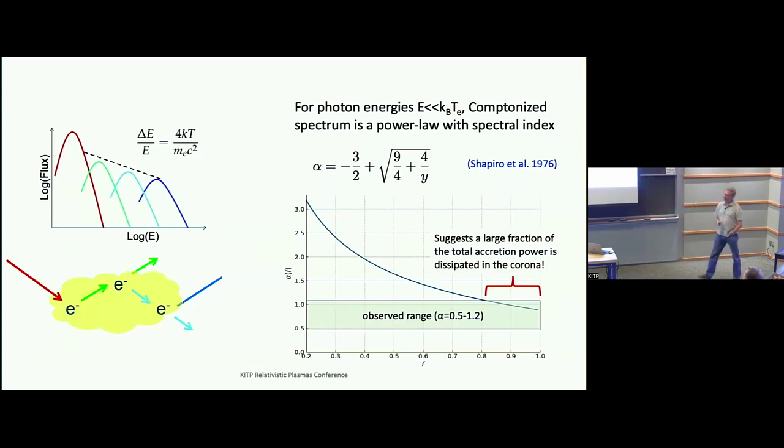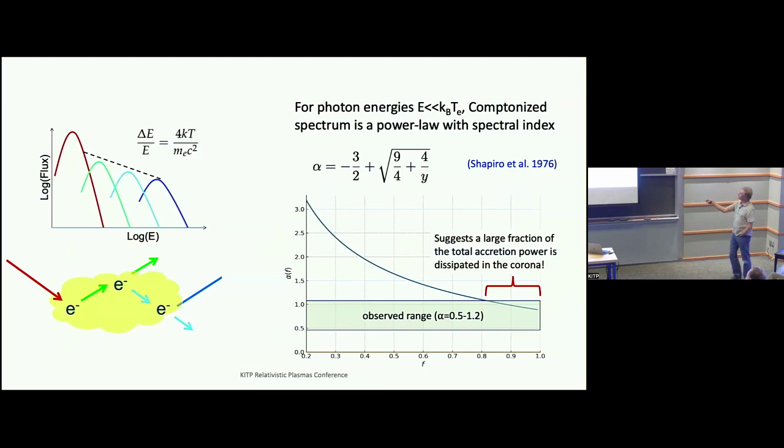And it was back in the 70s that Shapiro connected that Compton Y parameter to the spectral slope. So you fold that all through, you can actually predict as a function of the energy dissipation fraction in the corona what the slope of the spectrum should be. The spectral index alpha. The spectrum is E to the minus alpha. And this curve here shows you what that looks like.